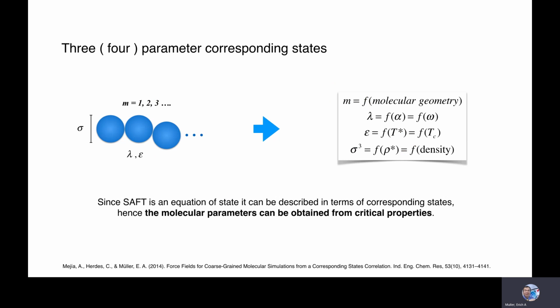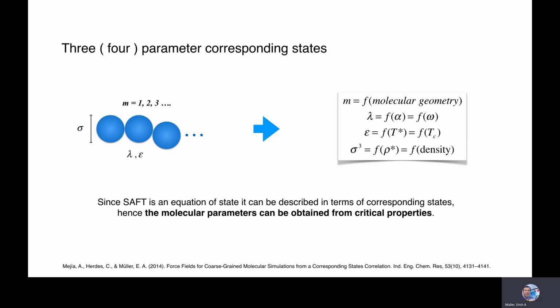So this suggests that the equation of state can be expressed in terms of a 4-parameter or 3-parameter corresponding states correlation. m signifies how many beads we have in a molecule and gives us an idea of the aspect ratio of the molecule. Sigma is a size parameter, epsilon is an energy parameter, and lambda or alpha are non-dimensional parameters which talk about the range of the potential.